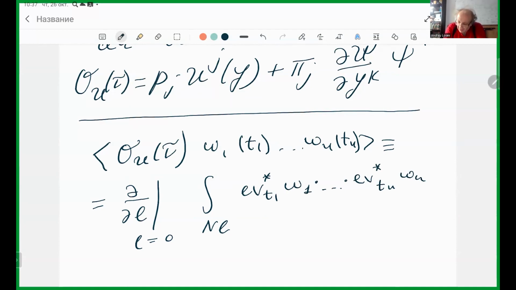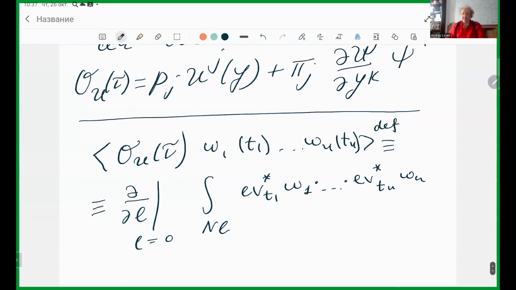I would put here three lines saying that this is a definition. So gamma L is a solution to the following equation.